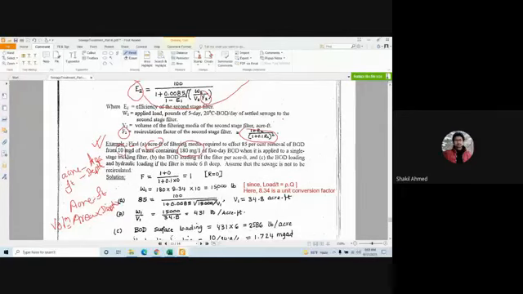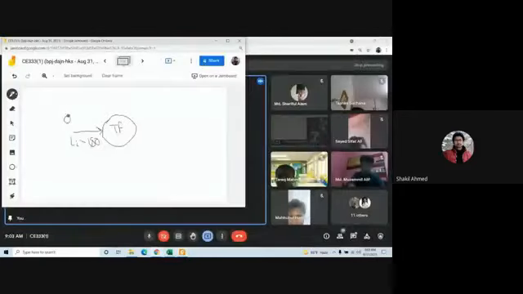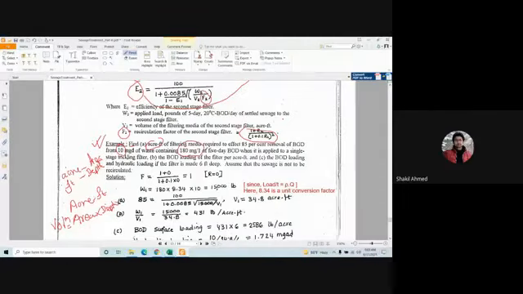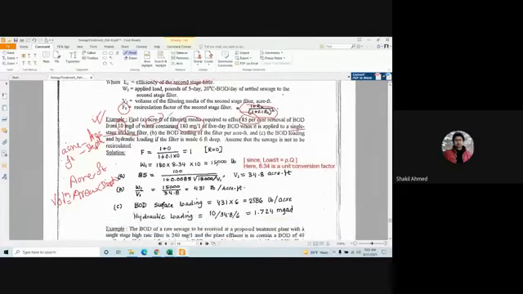Q equals 10 million gallon per day. Single stage trickling filter means there is only one trickling filter, not multiple. 85% removal is required, so volume has to be calculated.